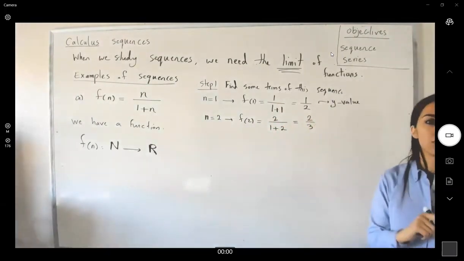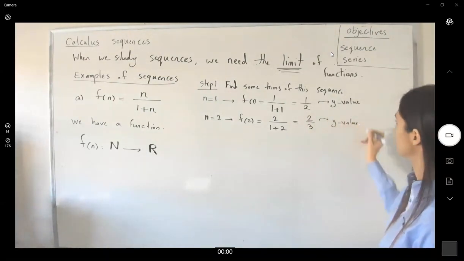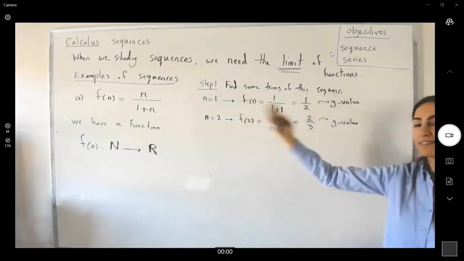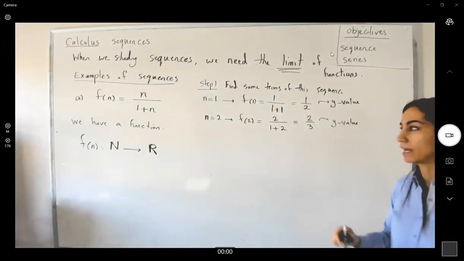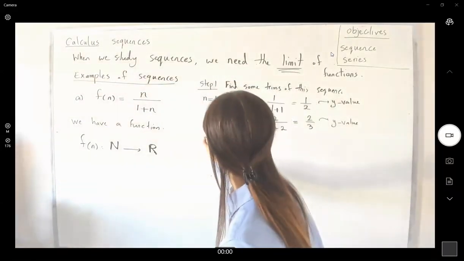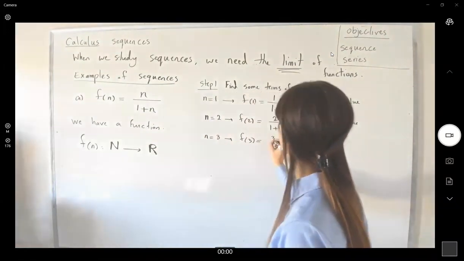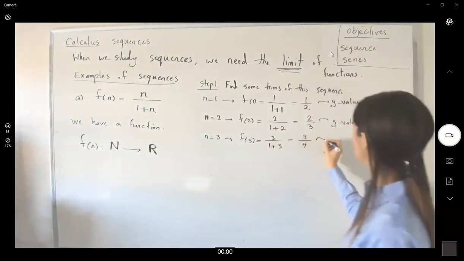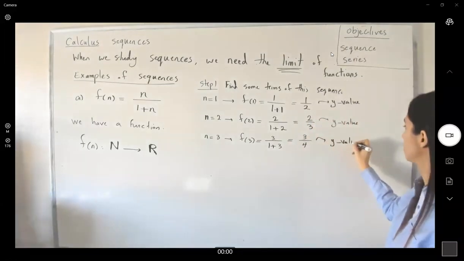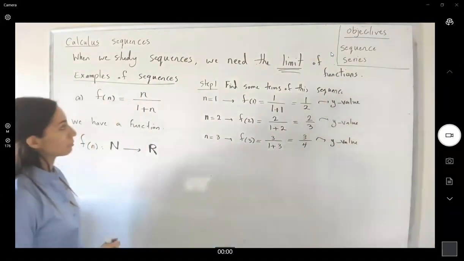This is your second y value. See, we're just plugging in x values, n values, and then we find the y values. N is equal to 3. You get f of 3, which is 3 over 1 plus 3, or 3 over 4, another y value. Well, you continue this process. This is your step 1.